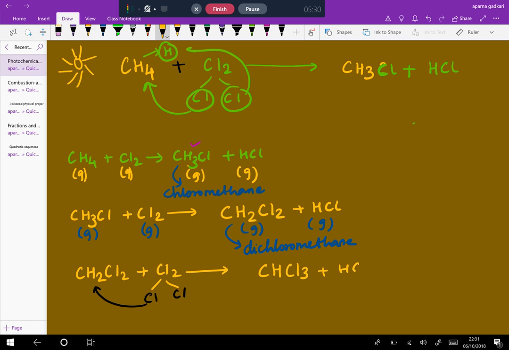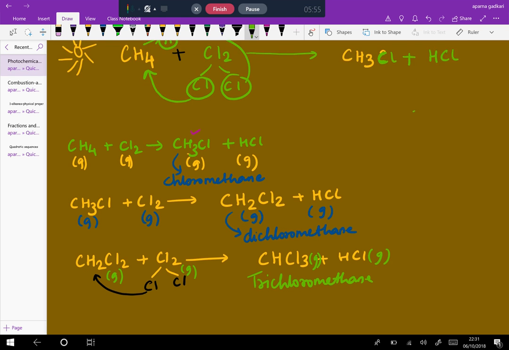Again you have HCl. Now how many chlorines are there in the new product? There are 3. So this is trichloromethane plus hydrogen chloride gas. And remember, all of these are gases. Do not forget to write these states.